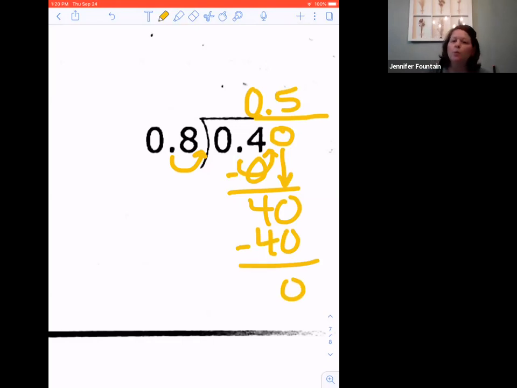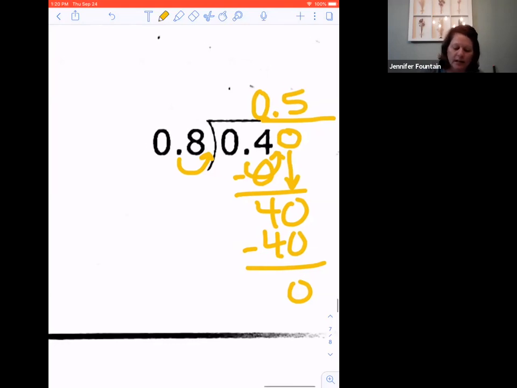So if a number will not divide into a number, I put a 0 there. I go through the process just like I do with regular division. I multiplied, subtracted, but then I had to put a 0 up in my dividend and bring it down and keep going.